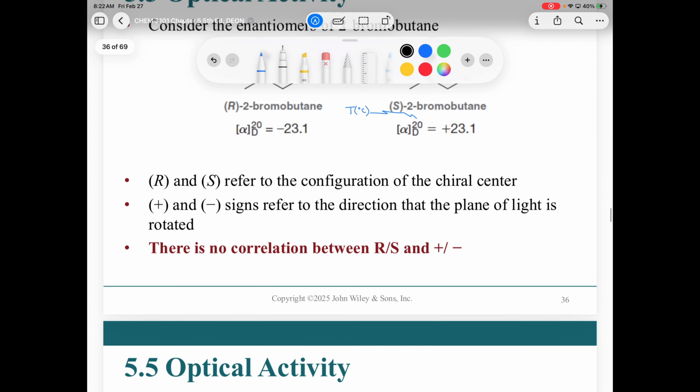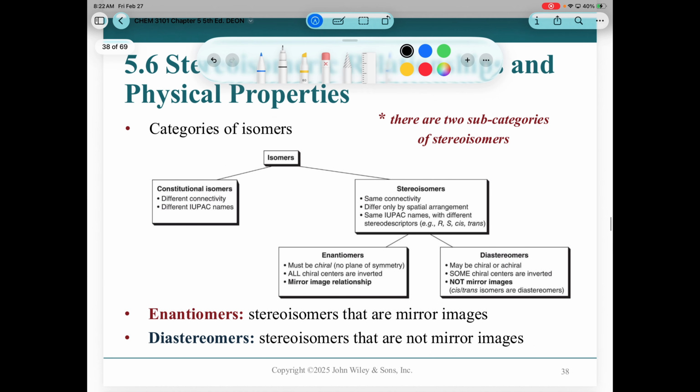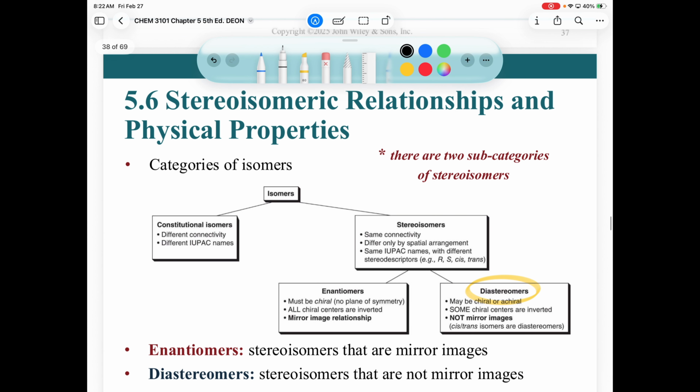All righty. So we did optical activity. Now we're going to kick it off this morning reviewing our stereoisomeric relationships. Going right back to the beginning of the course, and even back in your days of general chemistry, you would have learned constitutional isomers.